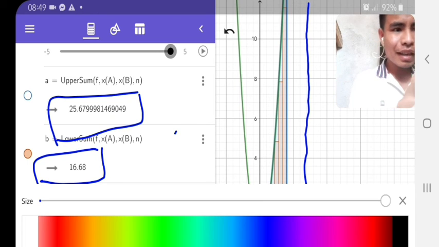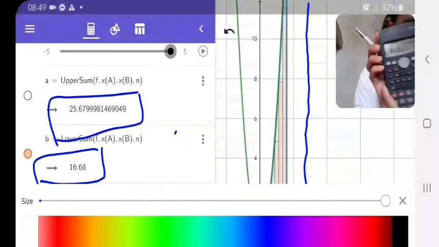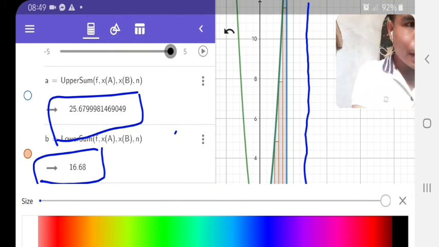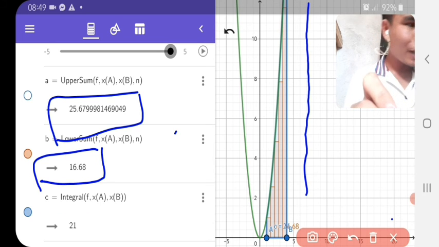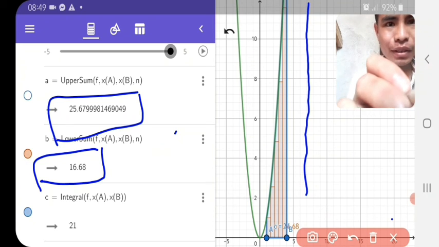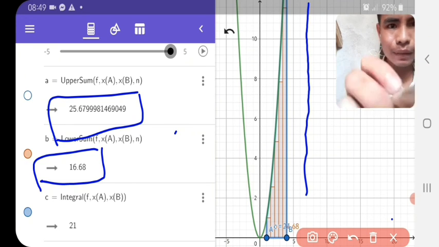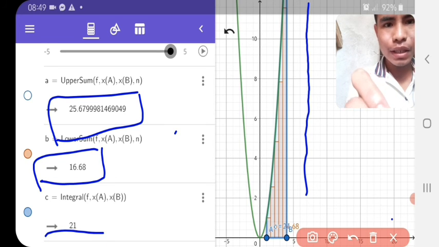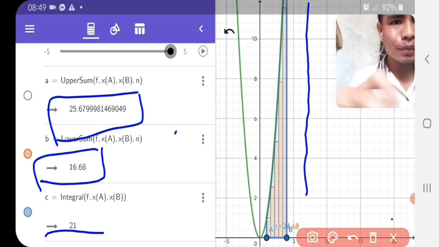So our answer is 21.18, but the actual value is 21, so it is very close if we calculate the average of the upper sum and the lower sum. It is good to have software to better explain how integration really works in finding the area of a curve.